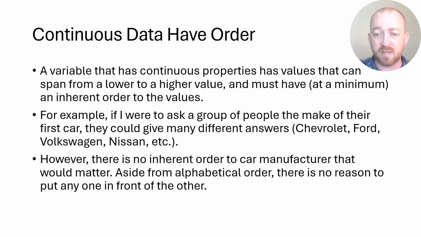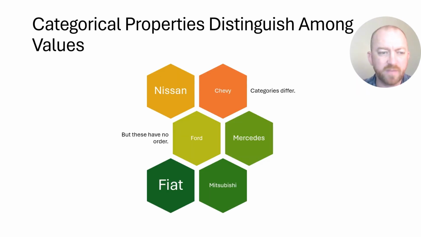So in other words, if Chevrolet and Ford, which one comes first? Aside from alphabetizing it, there's really no reason to put any one in front of the other. So if it's arbitrary at all, that's a really good indicator that it has just categorical properties, but really not anything else. So here's just a visual of that same idea.